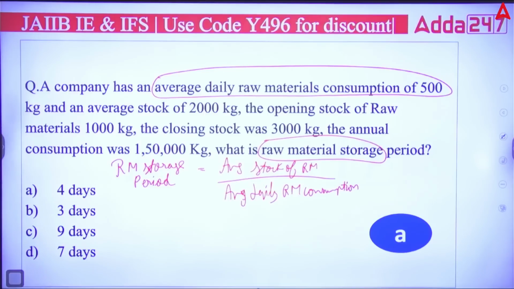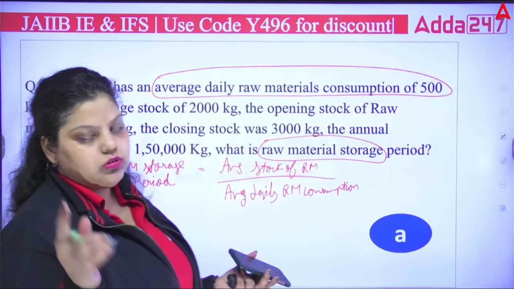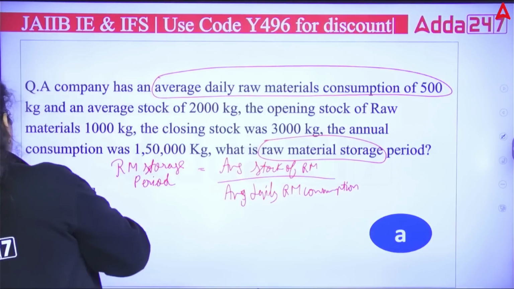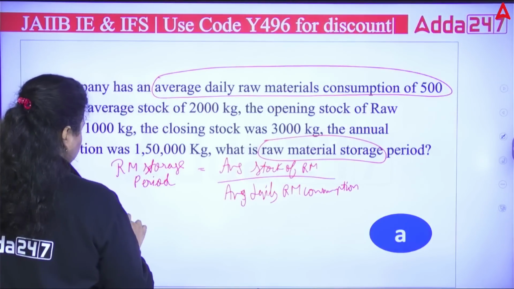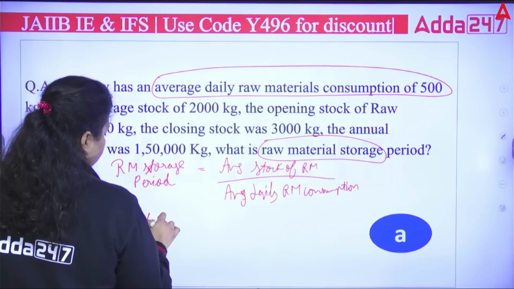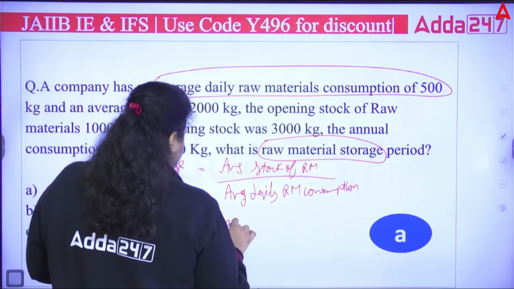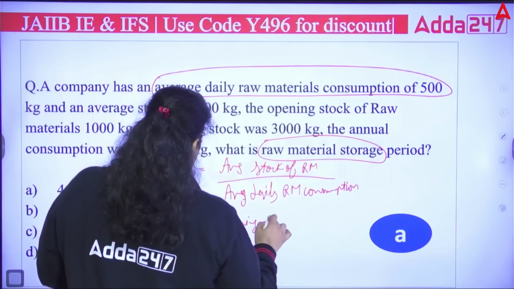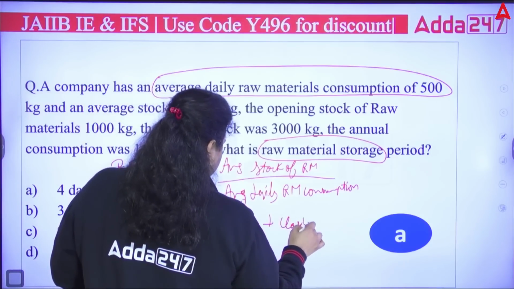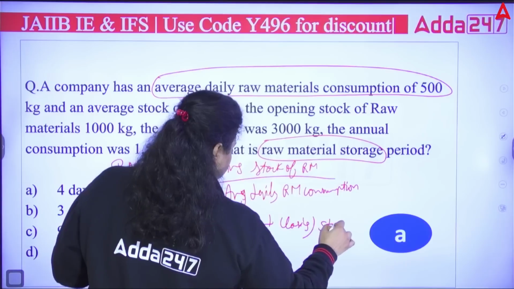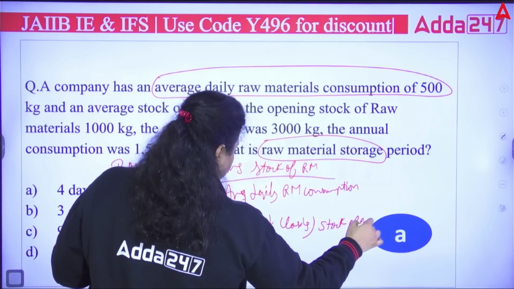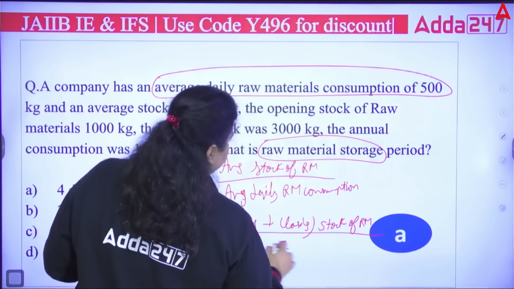How to calculate the average? Opening plus closing divided by 2. So the average stock of raw material will be the opening plus closing stock of raw material, divided by 2.